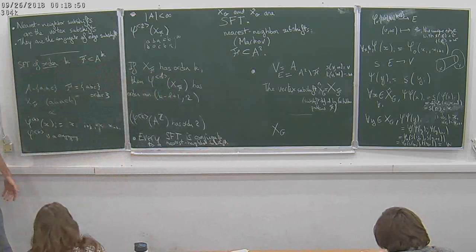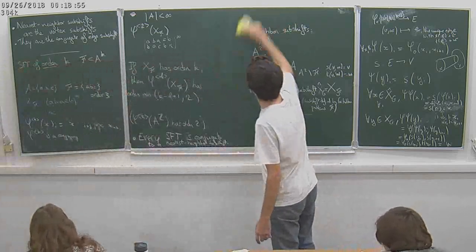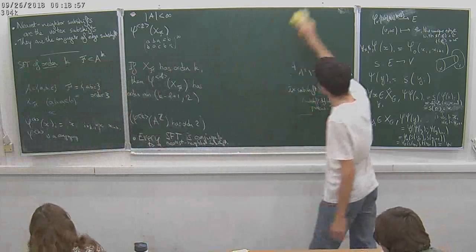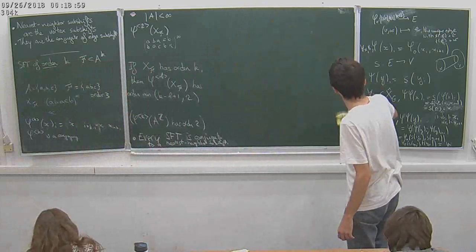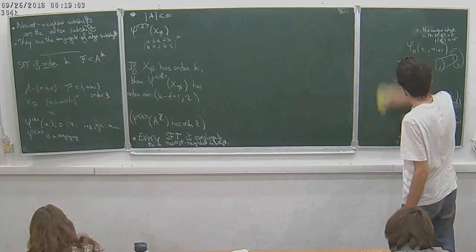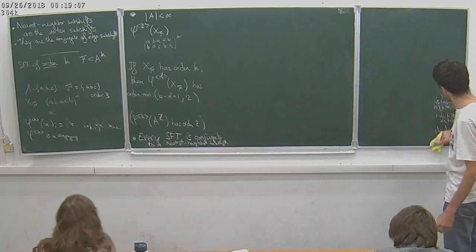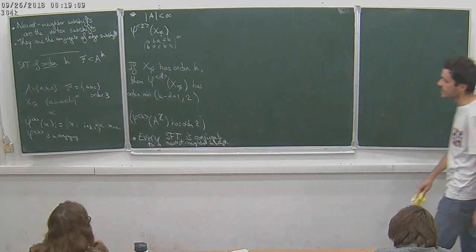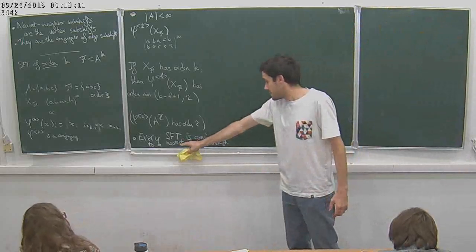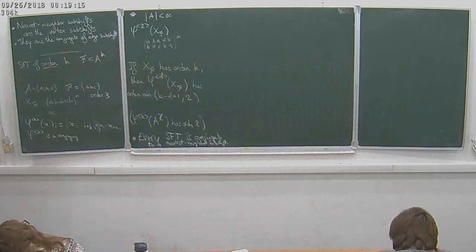So, this is why we're quite interested in these finite graphs and these finite matrices. Because every nearest neighbor subshift is a vertex subshift and is essentially an edge subshift.